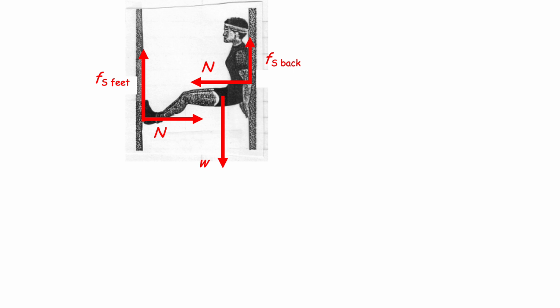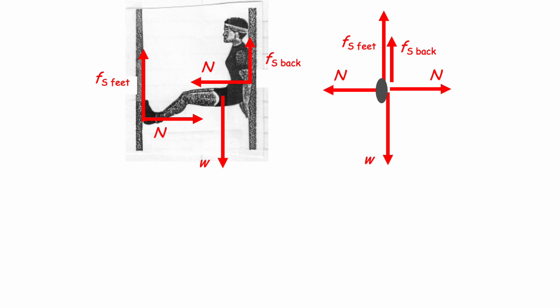Now, the friction forces will be different, precisely because the coefficients of friction for her feet and her back are different. But what matters ultimately is the sum of the two friction forces, which balance out her weight. And this is, of course, a static situation.